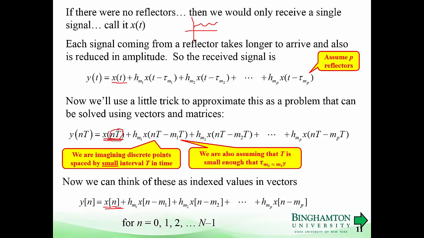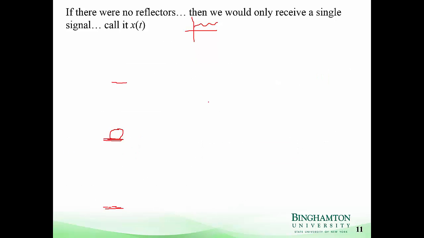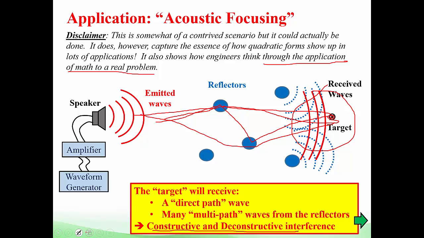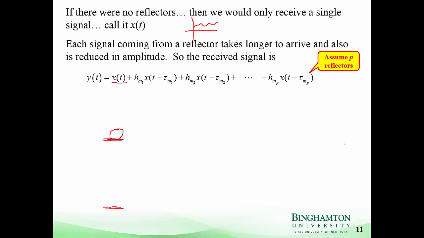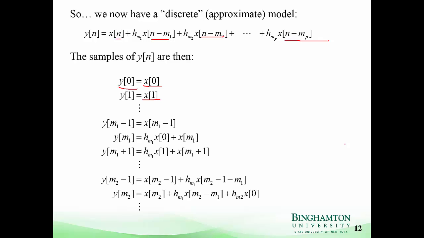If we go back to this, there will be some amount of time, let me clear this off, where all I'm seeing are the red waves coming in, because the blue waves are taking longer to hit a reflector and get to the target, because it's a little bit longer along this direction than it is along the straight path. So there will be a little bit of time where I'm just getting the direct path signal. And then what happens?